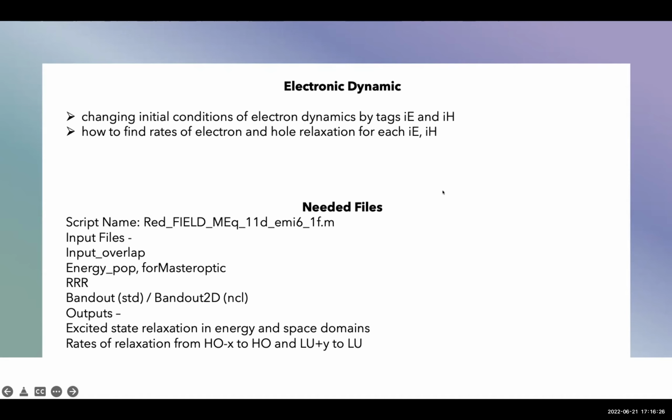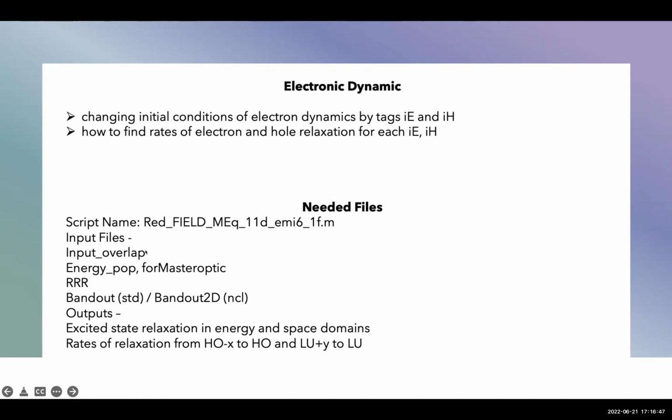So today I will show how to change the Redfield parameters when we need to do an electronic dynamics calculation. For that we need this MATLAB file, which is available in the bin directory.